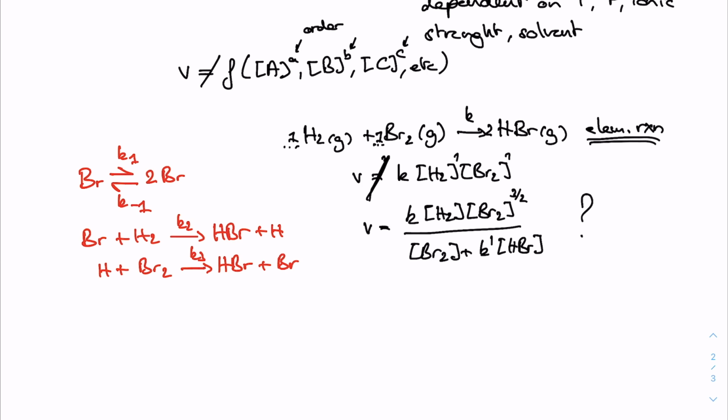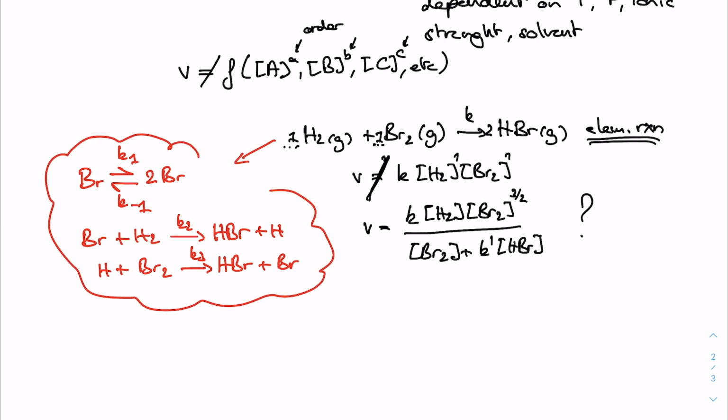And that's much more difficult and complicated than what we thought initially, maybe. So that's why reaction order should not be confused with stoichiometry, but has to be experimentally determined.